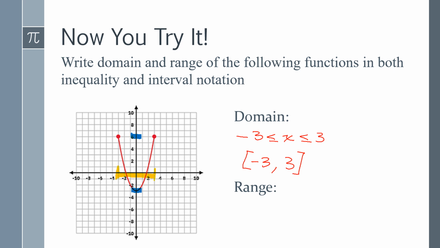We would say this is from negative 3 is less than or equal to y, which is less than or equal to 6. And then our interval notation would be negative 3 to 6, and both of these are in brackets.